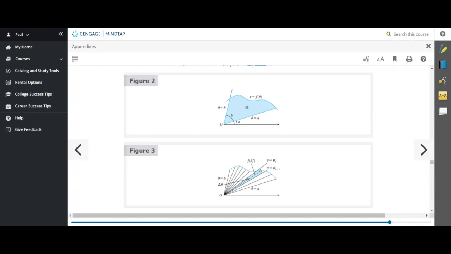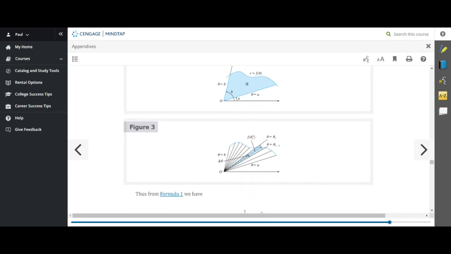They draw that, with a starting angle theta equals A and an ending angle theta equals B. We want to find the area of that blue region R. But how are we going to do it? Well, it's actually an amazing concept: we can approximate the region with sectors of circles that have different radii. The radius is a function of theta.